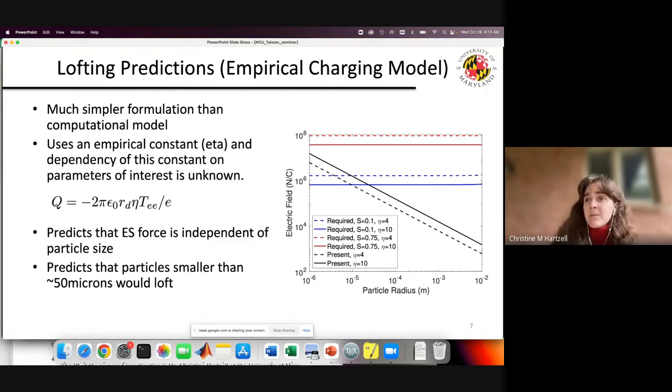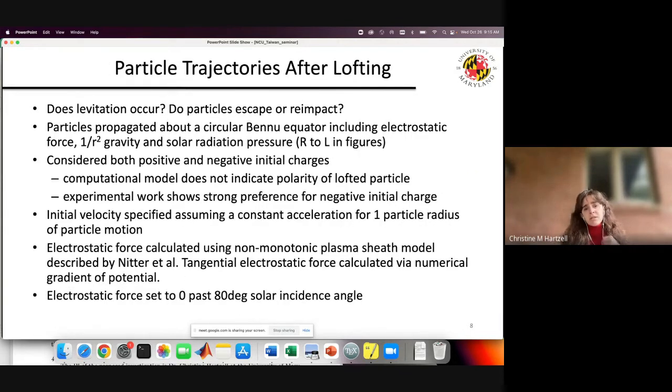So we have some agreement between these two charging models, even though they come from very different places. That suggests that particles 50 to 100 microns in size or smaller could be electrostatically lofted from the asteroid. Okay, so the next question is, after those particles are electrostatically lofted, what happens to them?